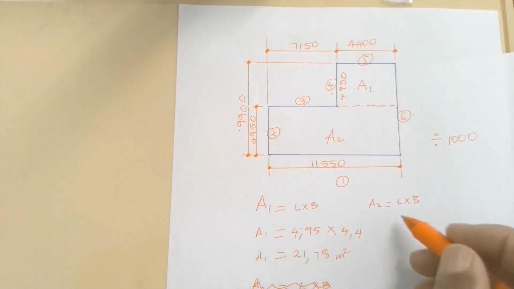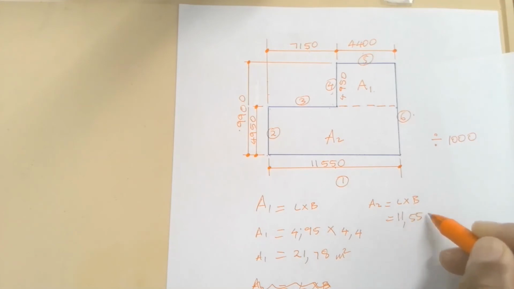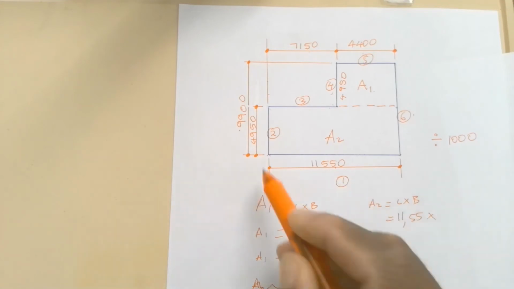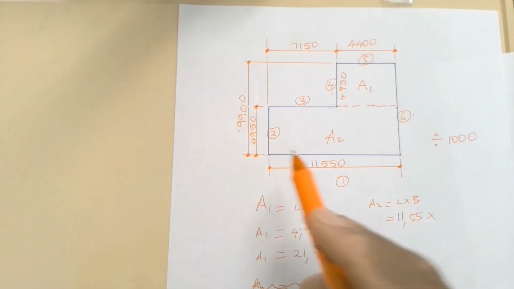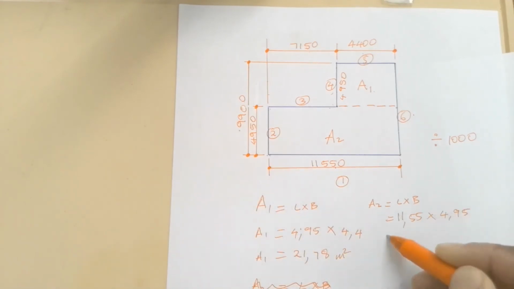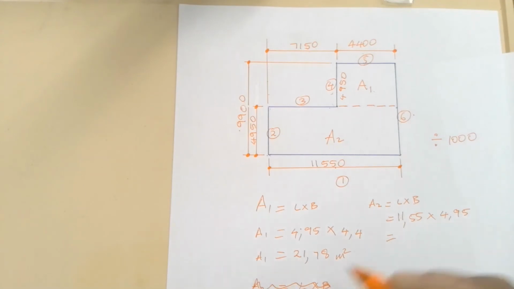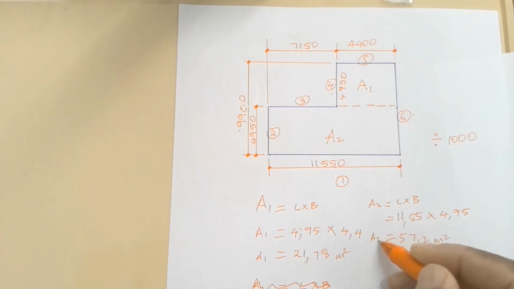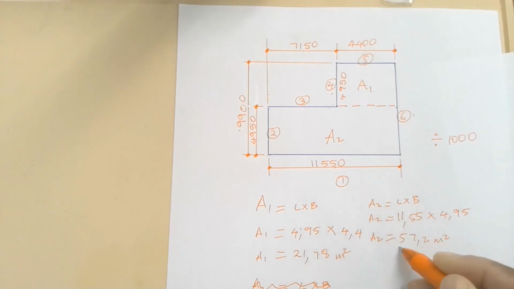So in other words, we're saying that length, after converting it into meters, will be 11.55 multiplied by, divide this now by 1,000, 4.95, which will be equal to 57.2 square meters. So this is for area 2.